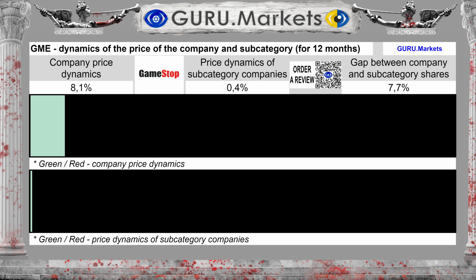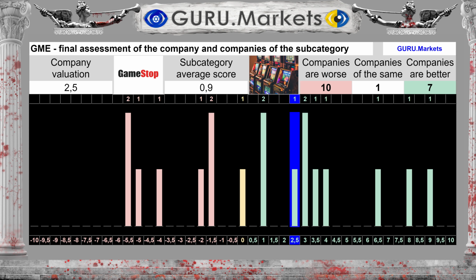GME showed a dynamics of 8.1%, against price changes for the subcategory of 0.4%. This does not say anything clearly, but we must take this fact into account. The result is as follows: 2.5 out of 10 points. Average score for the subcategory, 0.9 points.